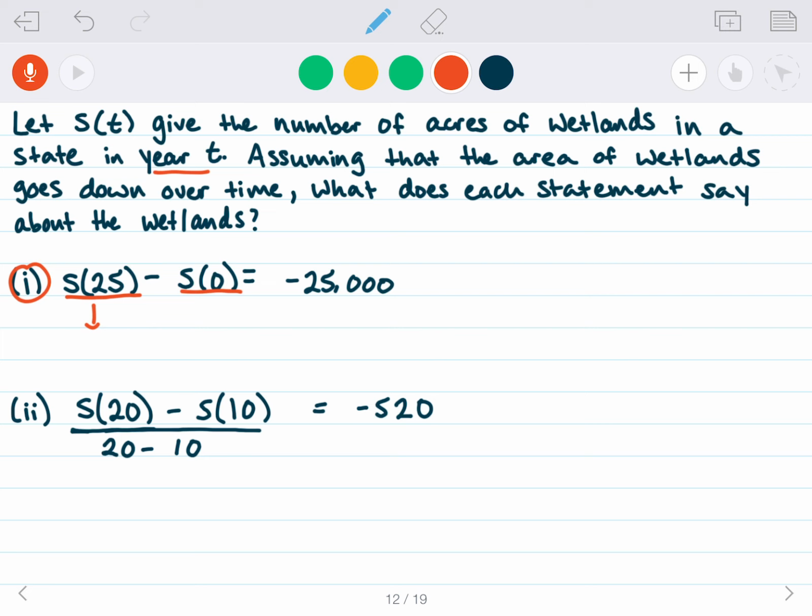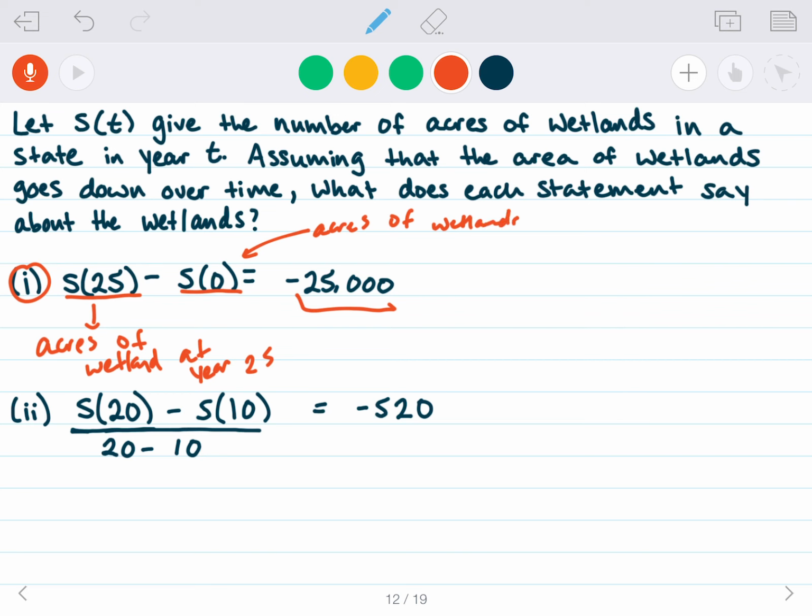So we don't have to necessarily assume it's 2025, but basically what we have here is S of 25 is going to be the acres of wetland at year 25. Here, this is year 0, so this is like the starting year, right? So this is the acres of wetland at year 0.